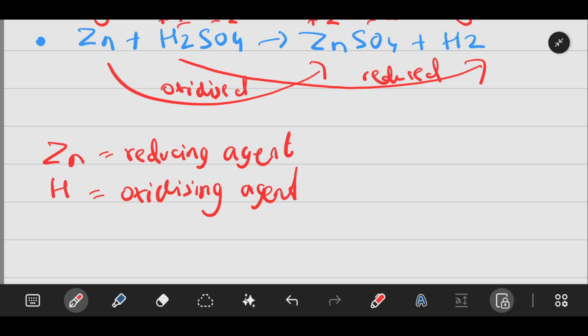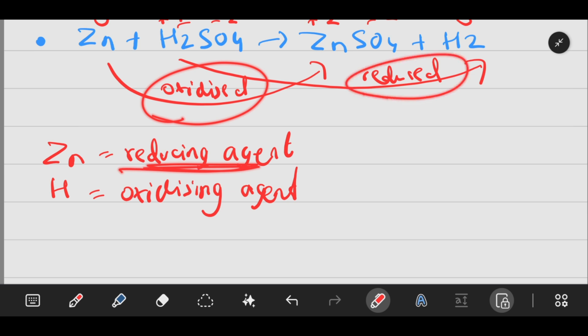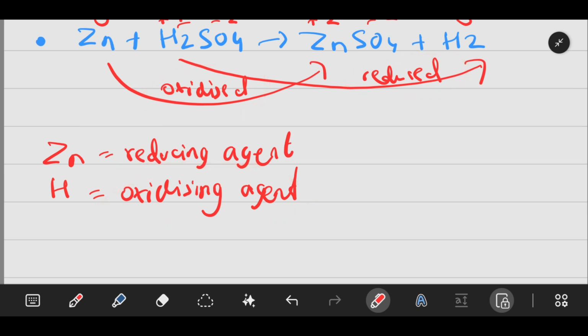Pretty much your working is the same, but with the addition of just one more thing. Always remember that it is always the opposite. It's being oxidized, so it's a reducing agent. Is being reduced, so it's an oxidizing agent. The agents are always the opposite of what's truly happening to the element in the chemical reaction.